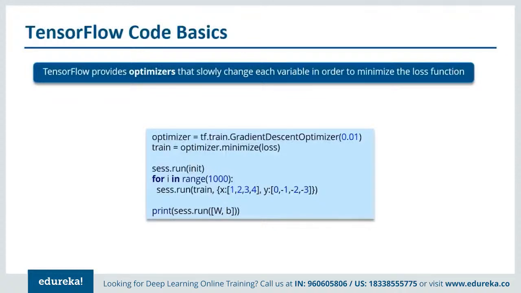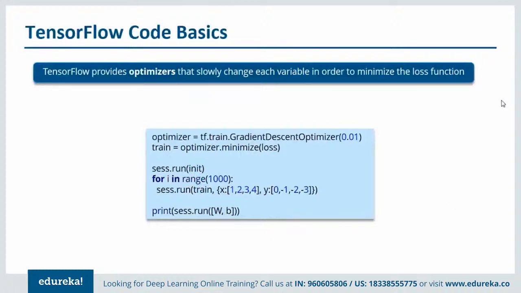As you can see in the code itself, we have a tf.train.GradientDescentOptimizer with a learning rate of 0.01. Then train equals optimizer.minimize(loss). So we're going to call this gradient descent optimizer in order to minimize the loss, and then we are going to run it. Let's see if that happens or not.